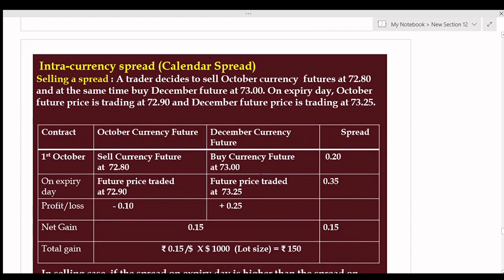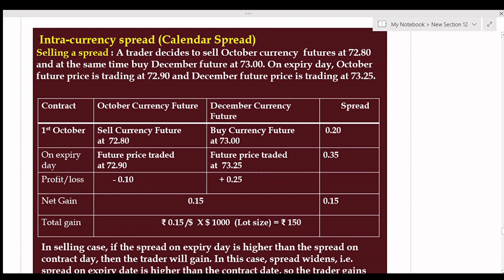Now comes a problem. Intra currency spread, calendar spread. A trader decides to sell an October currency future at rupees 72.50 and at the same time buy a December future at rupees 73.